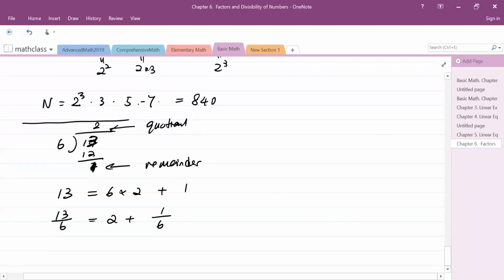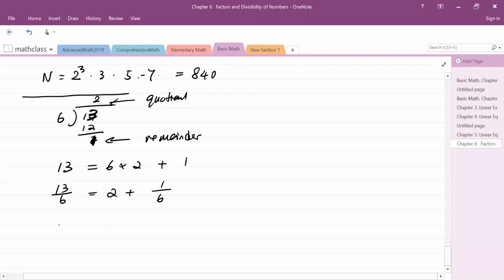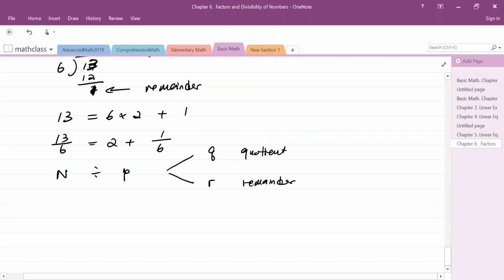So if you have a number n divided by p, you get a quotient q, and r is called the remainder. How do you describe the relationship among them? n divided by p gives a quotient, then the remainder is still there, so you divide it by p.